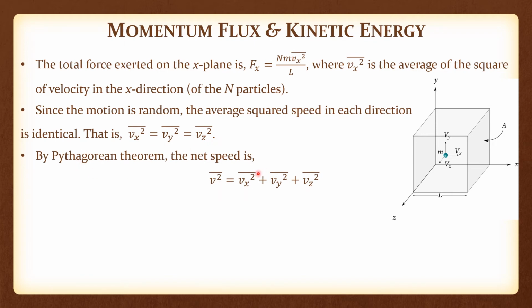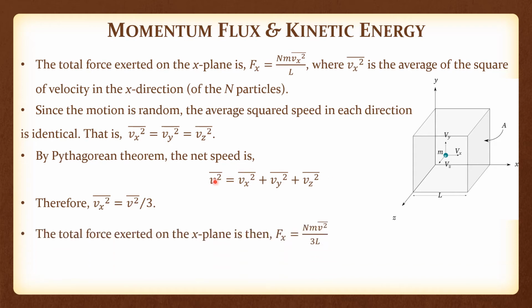So by Pythagorean theorem, the net mean square speed is simply the sum of these three. Therefore, since these are all equal, the mean square speed in the x direction is simply the net mean square speed by 3, right? So 1/3, 1/3, and 1/3 gives the total.